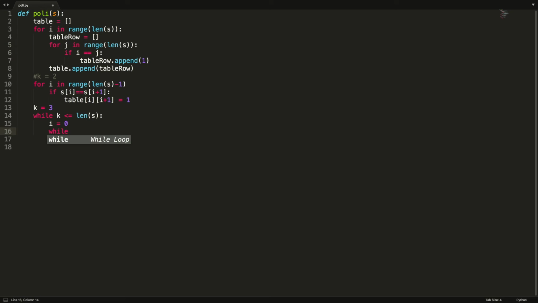Still need the loop while i less than length of s, the whole string, minus k.